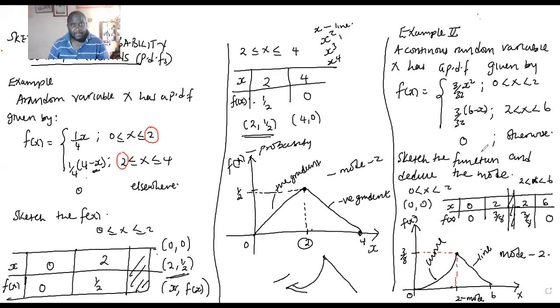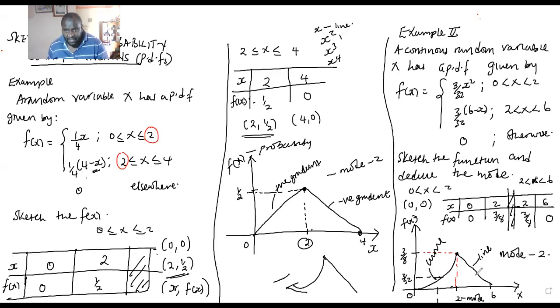Sir. Yes, please. Why is 2 the mode? Because it's the greatest probability we have according to this curve. It is the highest value of f of x. The highest value of f of x you have is the mode in both regions you have. Because if you had investigated x is 1, it would have been here. The probability of it would be somewhere around here. When you put there 1, you get 3 over 2, not 3 over 32.